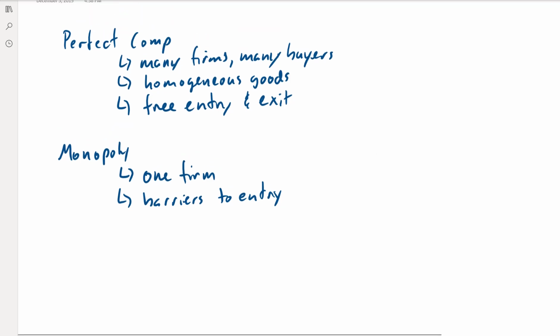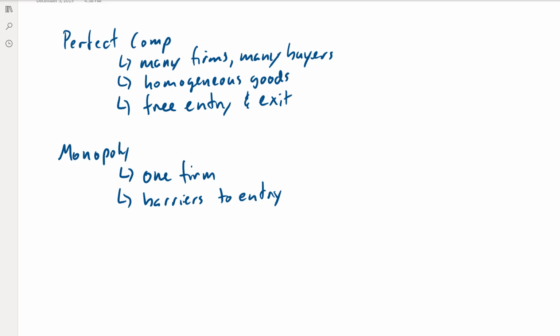So when we're comparing these two different industry types, or market structures, I should say, in perfect competition, firms are all price takers. So they had this flat marginal revenue curve, this flat demand curve for individual firms, because they could sell as much as they want for the same price. This is going to be much different than monopoly, where there's one firm and they get to choose what price they want to sell it at and how much to produce as well.